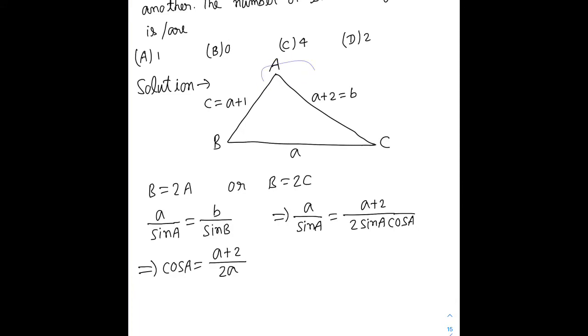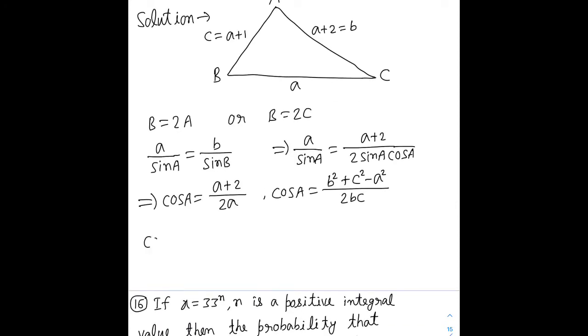Now if you apply cosine rule, you know what is cos A, right? So cos A is also given by b square plus c square minus a square by 2bc. So you will get cos A equal to a plus 2 whole square plus a plus 1 whole square minus a square, divided by 2 times a plus 1 into a plus 2.